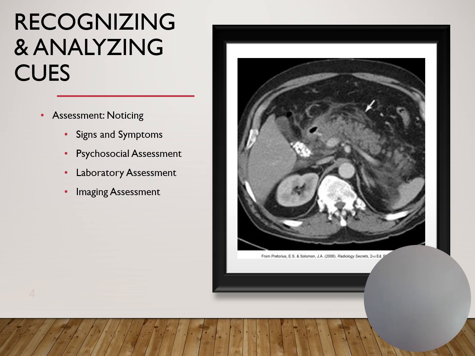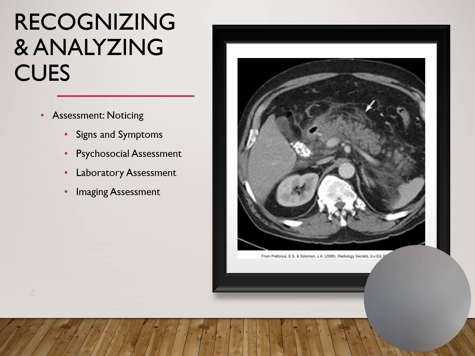Prognosis with acute pancreatitis: early treatment has decreased mortality. If the cause of the pancreatitis is from a biliary tract disease, the prognosis is usually pretty good. If it's from alcoholism, it is often pretty poor.